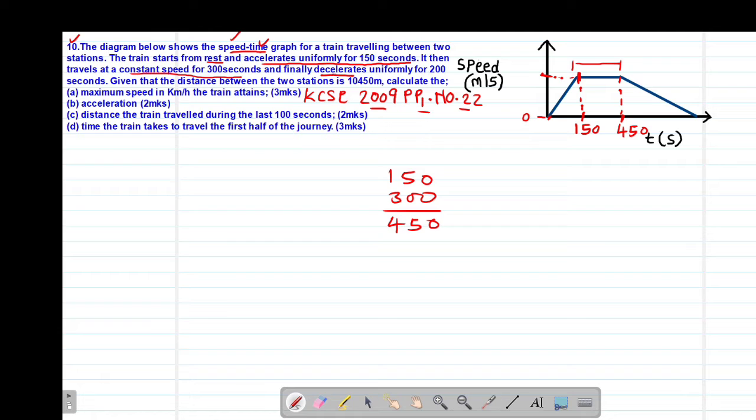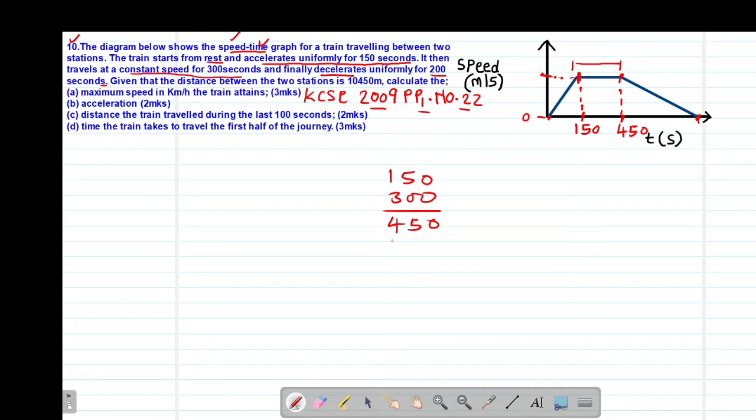Then you are told that it finally decelerates. The other term for decelerating is retardation. To decelerate simply means to move with a reducing velocity with time. So it finally decelerates uniformly for 200 seconds. This is the period where it is decelerating, because it is moving from the maximum speed to 0.